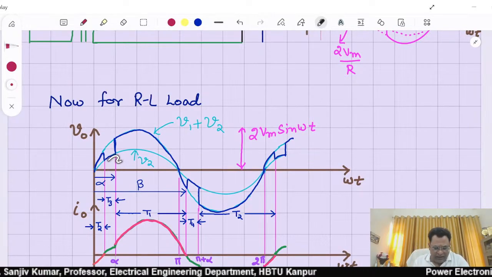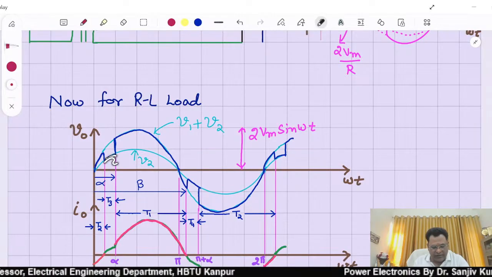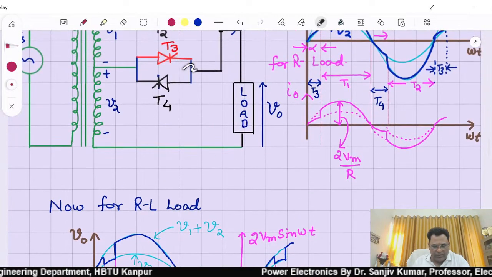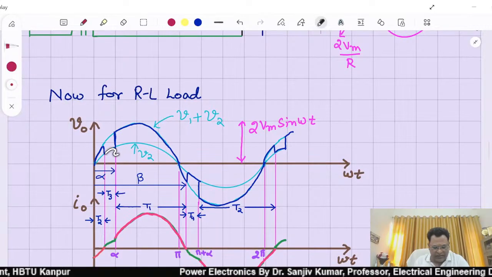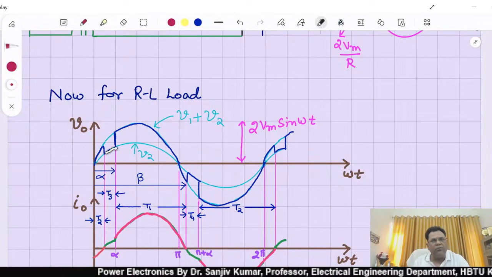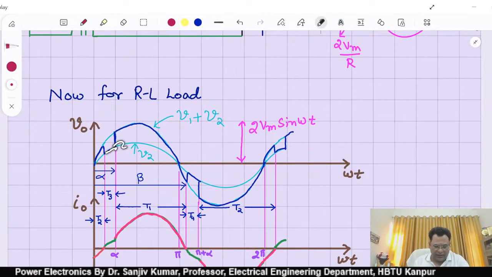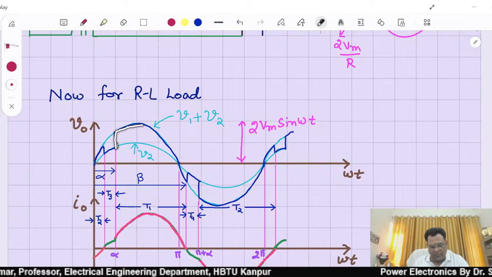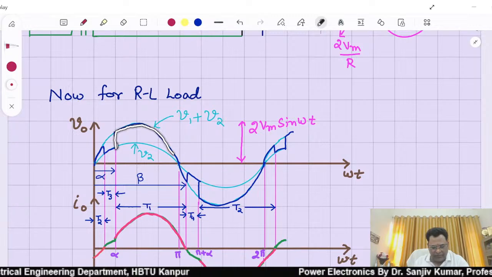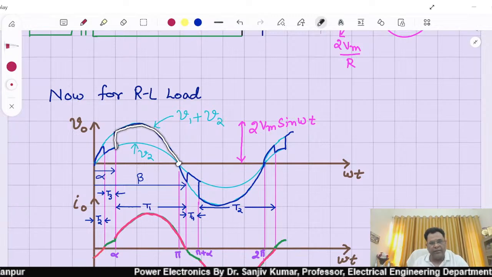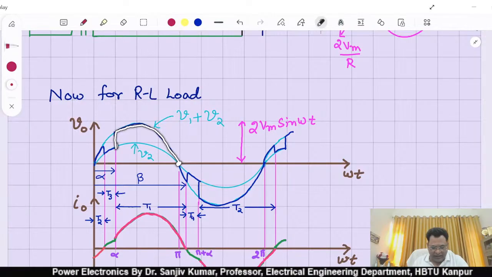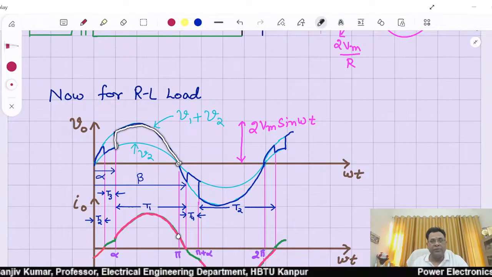See, this T3 and T4, these are triggered at 0, so let us say this voltage is coming. Now you trigger the device T1. The moment you trigger, voltage will jump from V2 to V1 plus V2 and follow this curve. At this point, the load current is not 0, so it will continue to conduct.